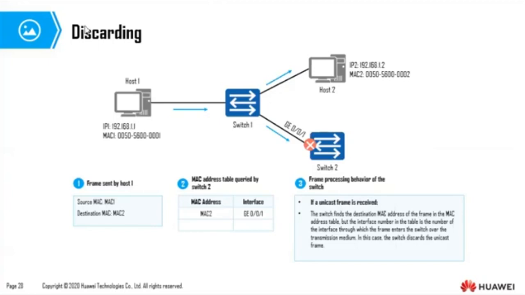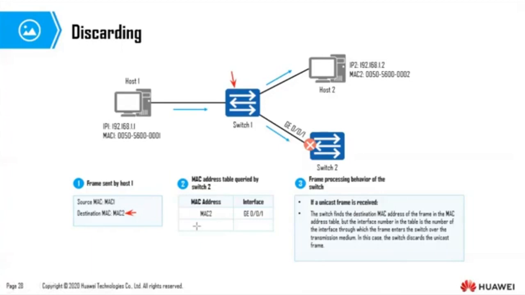Okay, so here, host 1 wants to send to host 2, and therefore the destination MAC address is going to be host 2's MAC address. Now, this switch 1 receives that particular packet frame.